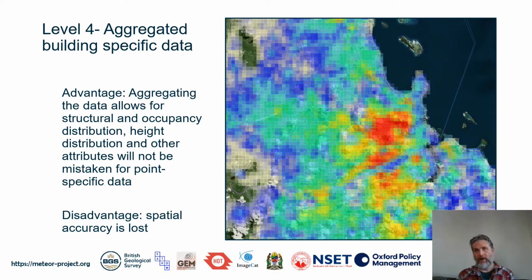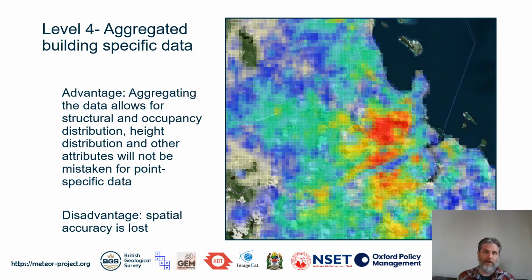So say, for example, you have OSM data that's complete for a given region, say this region, which is Dar es Salaam. You could use that building footprint data to come up with an estimate of the number of buildings and the square footage, but the OSM data might not have complete information about the number of stories.